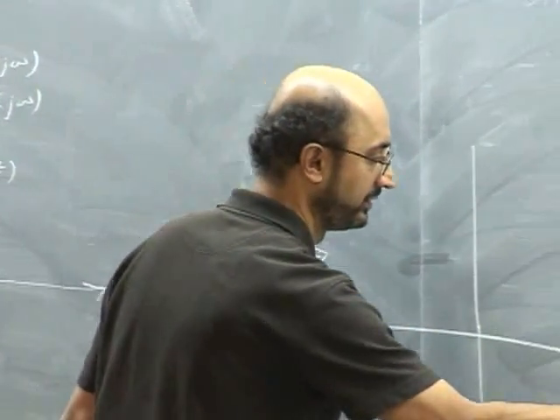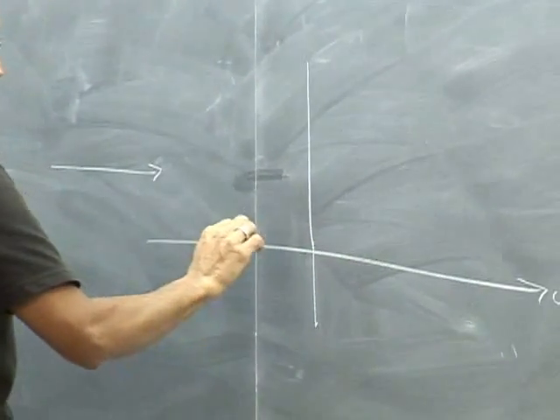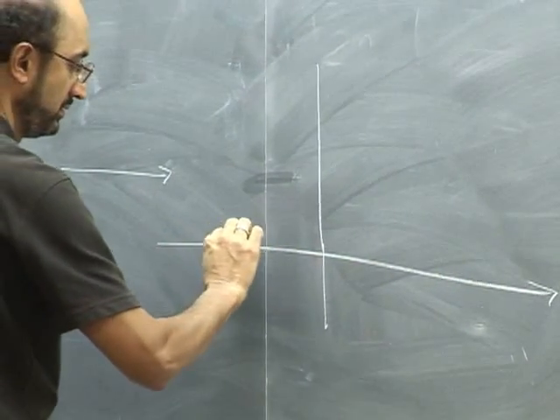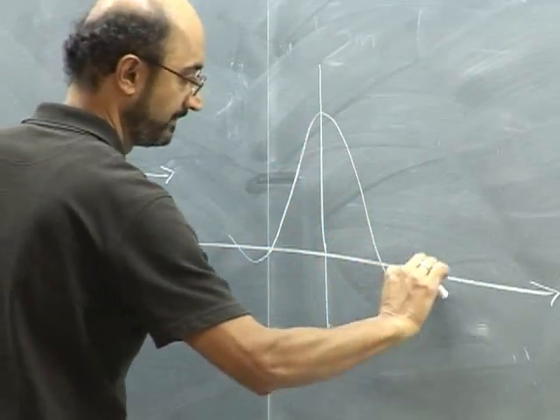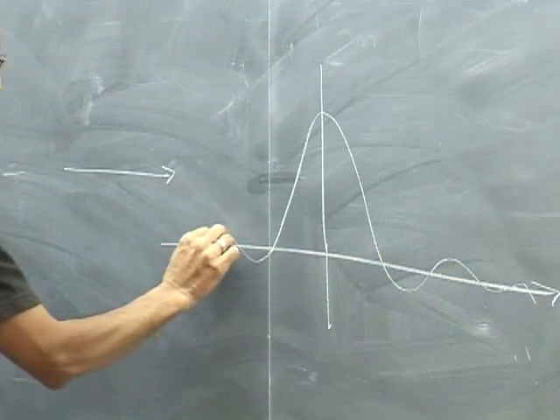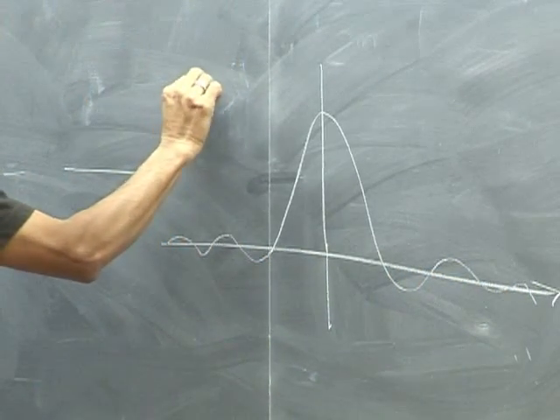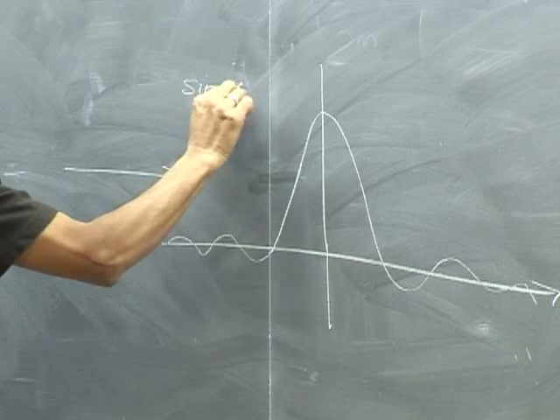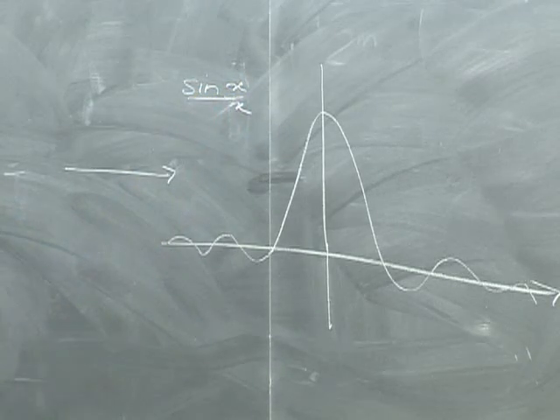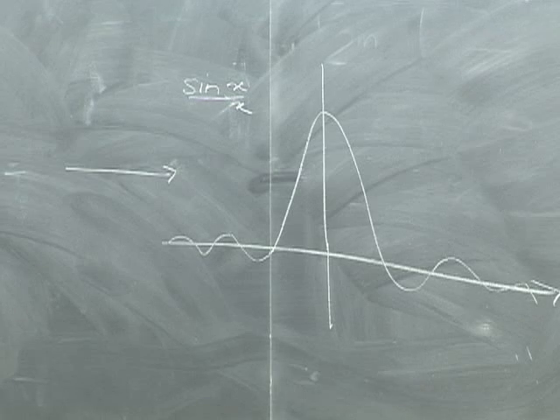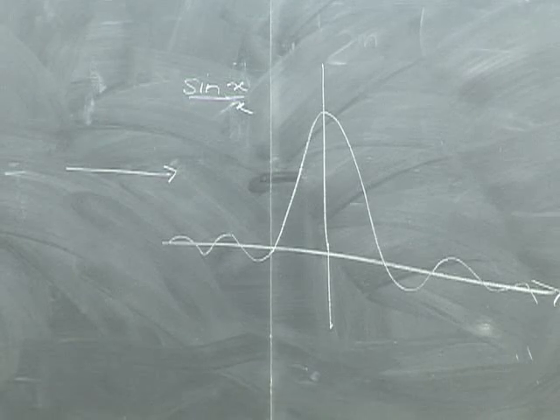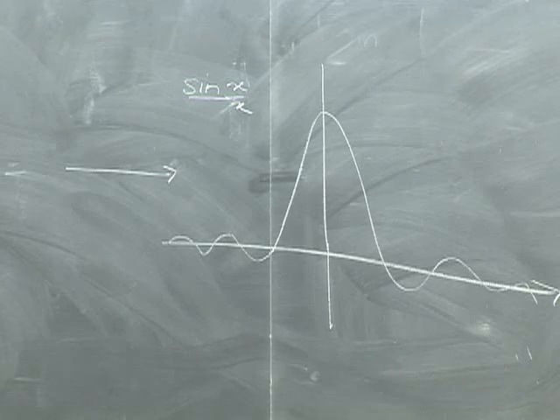In the omega domain, what we have is a sinc, which is essentially the sine x by x form over here. Okay, actually it's sine omega t, but anyway, it doesn't matter. But the form is that the pulse becomes the sinc function.